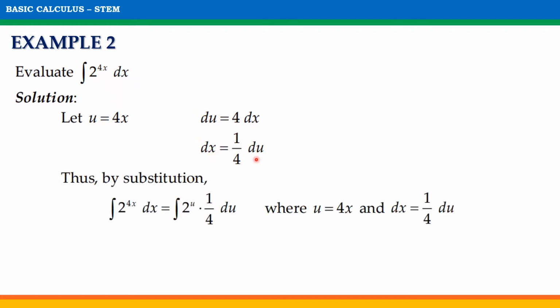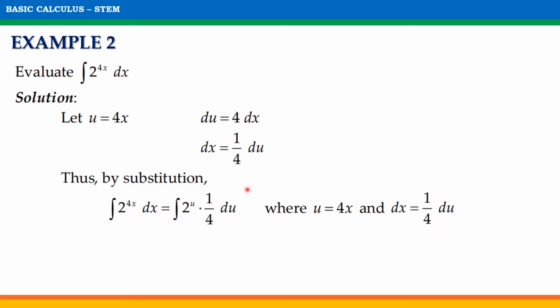Therefore, by substitution, our given will be expressed as the indefinite integral of 2 raised to u times 1/4 du. Notice, from the original given, 4x is being replaced by u since u is equal to 4x, and dx is being replaced by 1/4 du since dx is equal to 1/4 du.